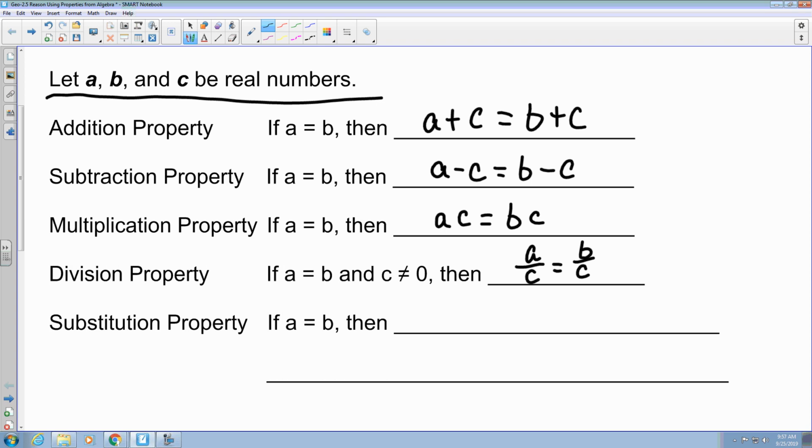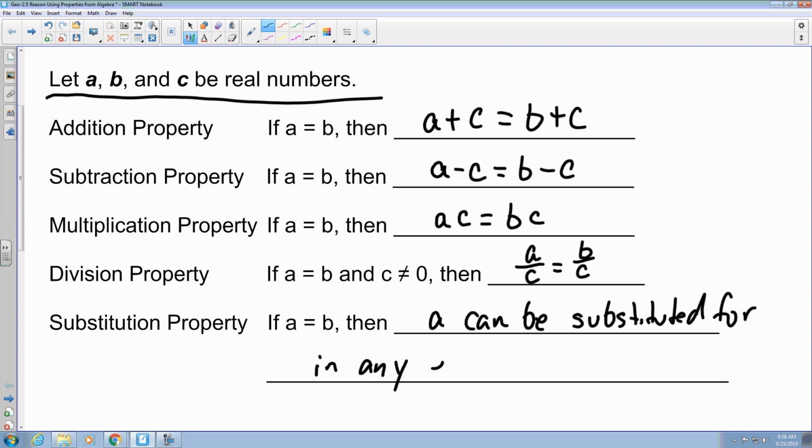And then the substitution property says that if A equals B, we can substitute A for B in any equation or expression.